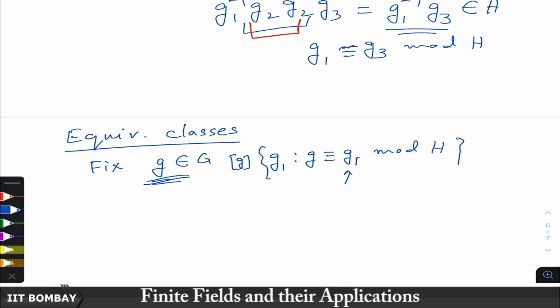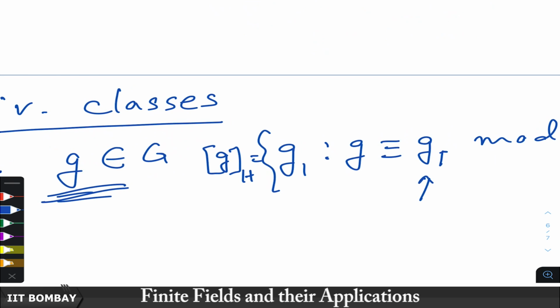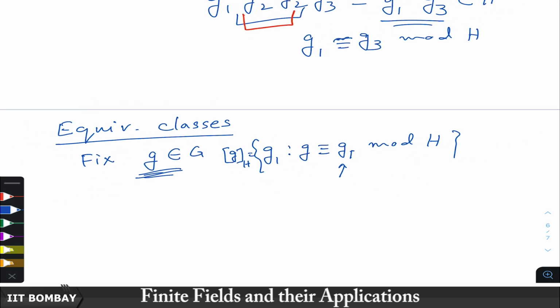This is the equivalence class of g, let us call it denoted by this, and now what is this?